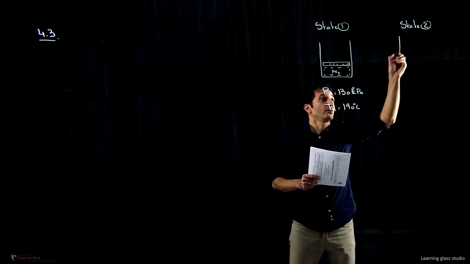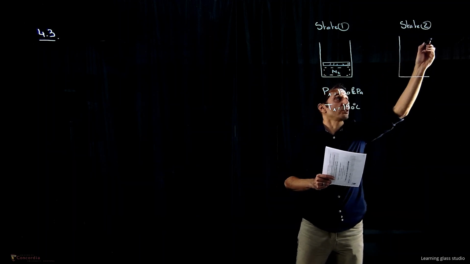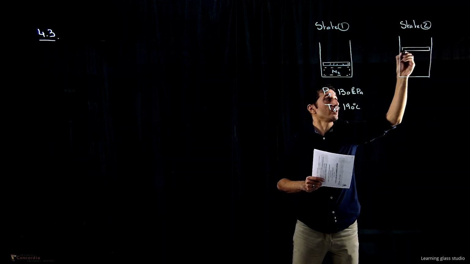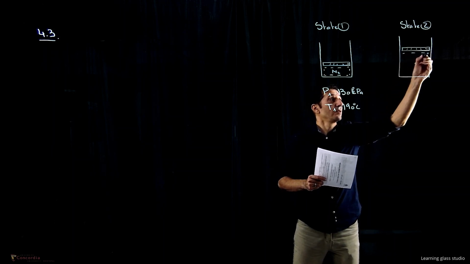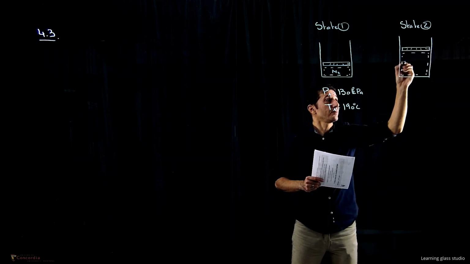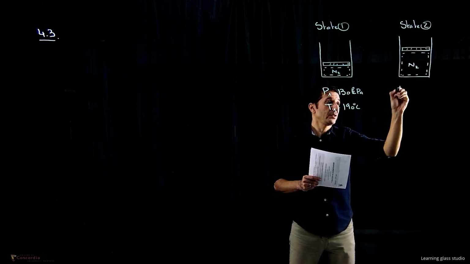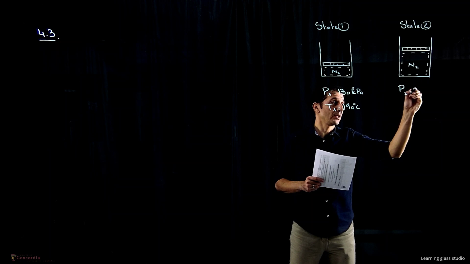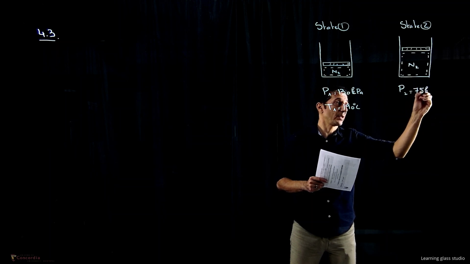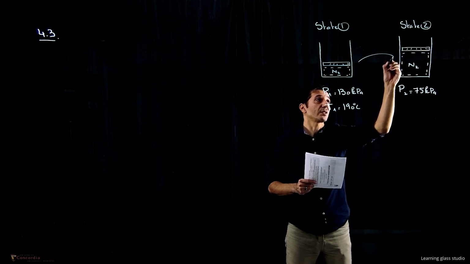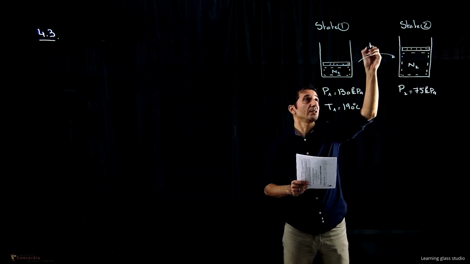Then we have state 2. At state 2, we know that there is an expansion process, so the piston will move up to a second position here with our nitrogen inside. And what do we know? We know that P2 will be equal to 75 kilopascals. And we are given that this process between state 1 and state 2 is isothermal.